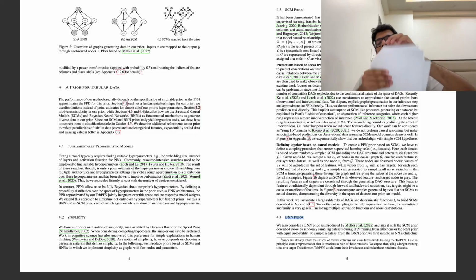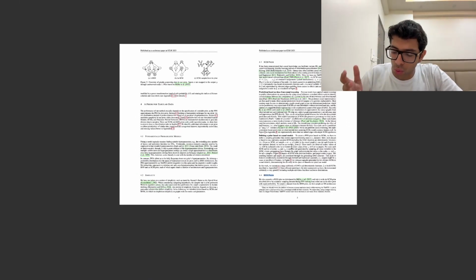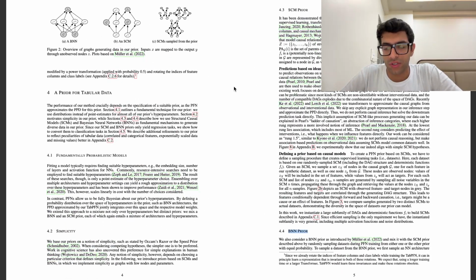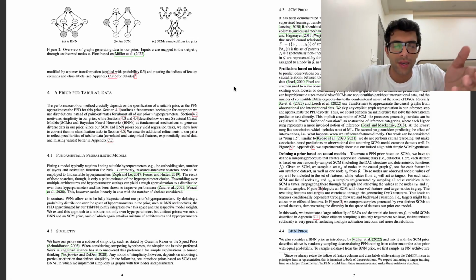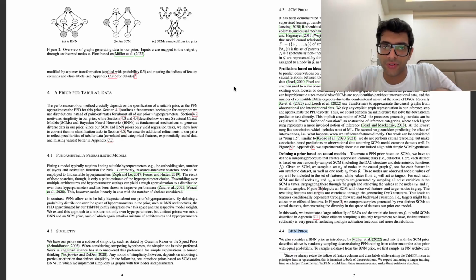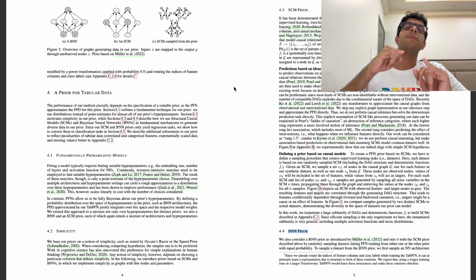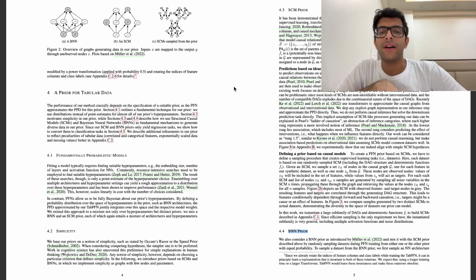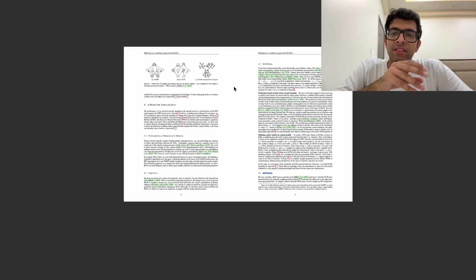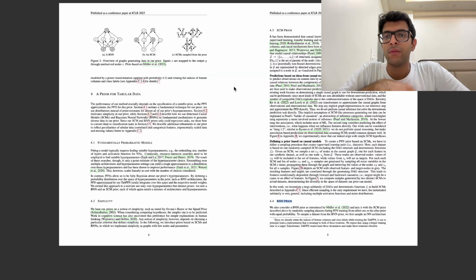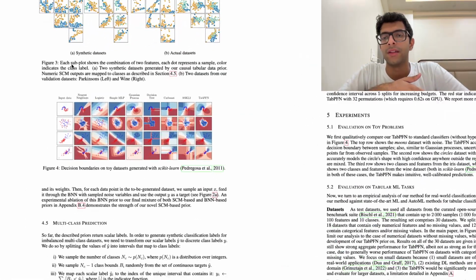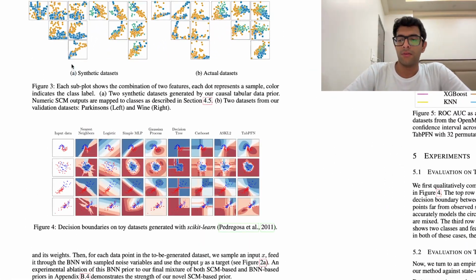Now, an SCM is too biased, it assumes causal graphs, but a BNN is a random neural network in a sense, because the weights of a BNN are in a distribution. Exactly. The weights themselves can vary within a particular limit. So that's why it creates a structured chaos, in a sense, that we want to induce in our prior for its understanding. Right.